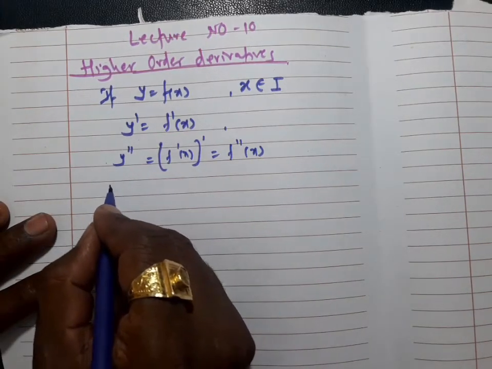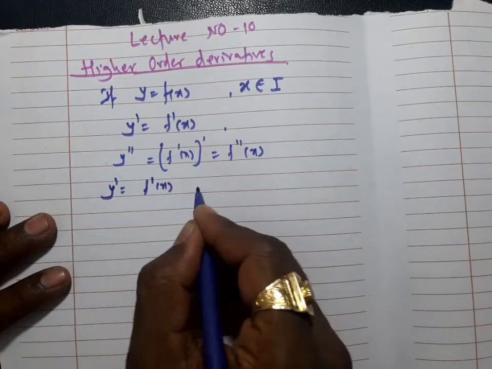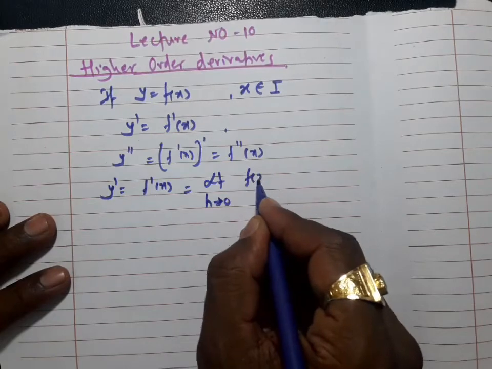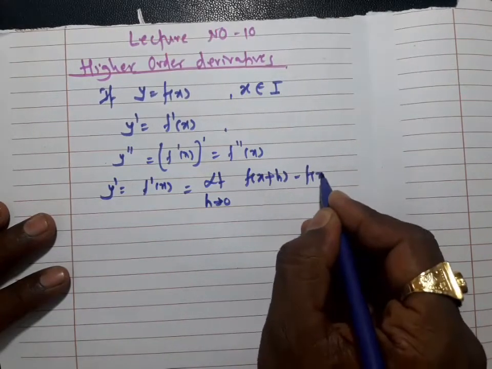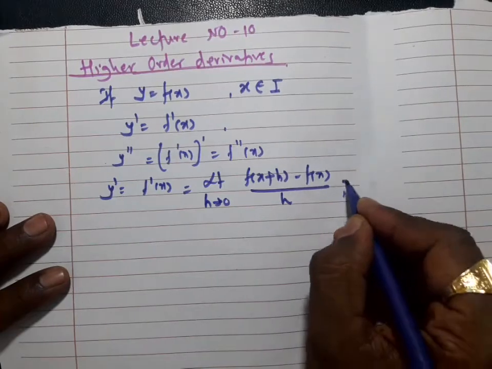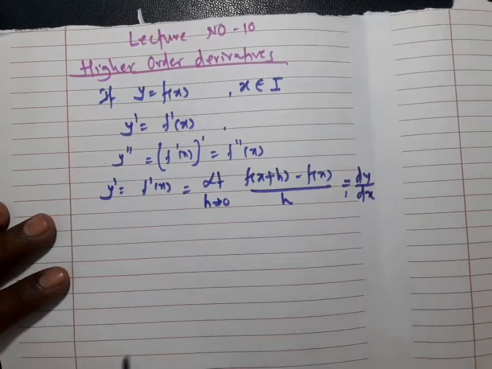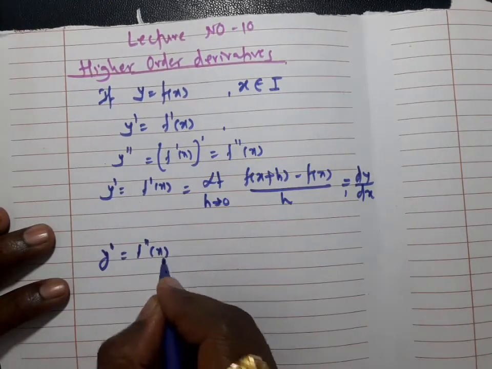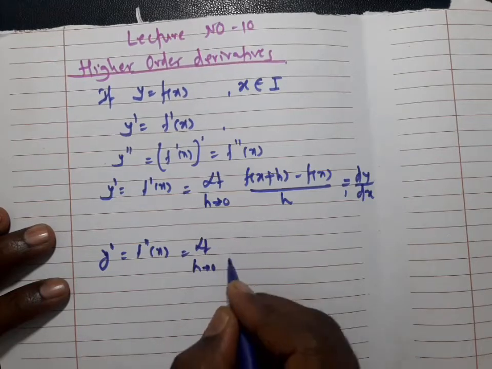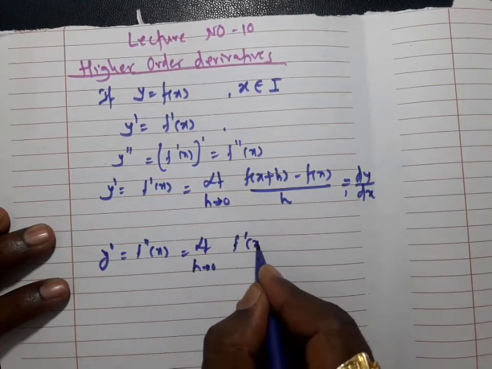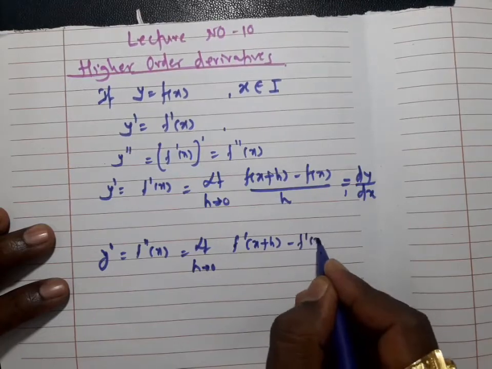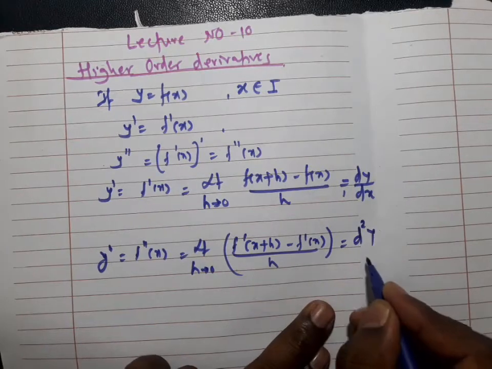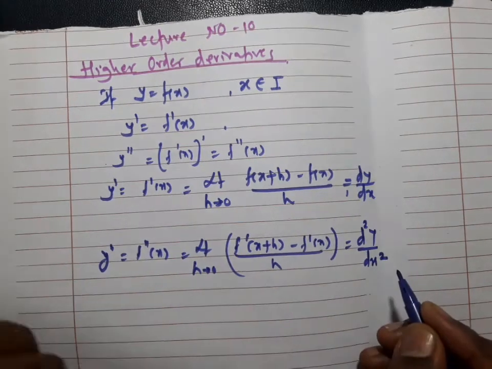By Leibniz notation, y dash equals f dash x is the limit as h tends to 0 of f(x plus h) minus f(x) upon h. This is nothing but dy by dx. Similarly, y2 dash, that is f2 dash x, is the limit as h tends to 0 of f dash (x plus h) minus f dash x upon h, which is nothing but d2y by dx square.